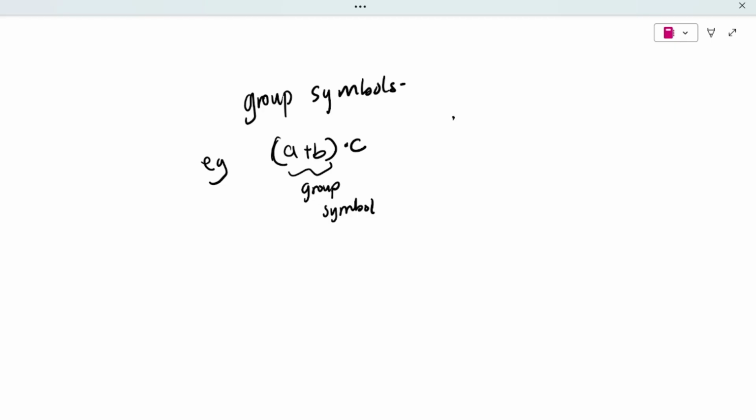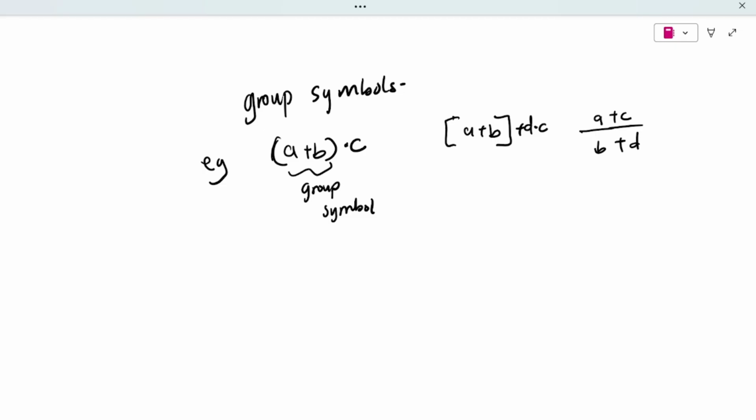The parentheses can be like this, or they can be brackets or a fraction.